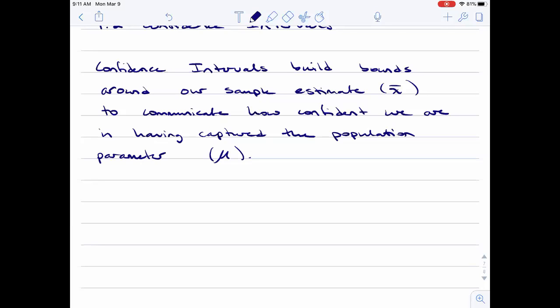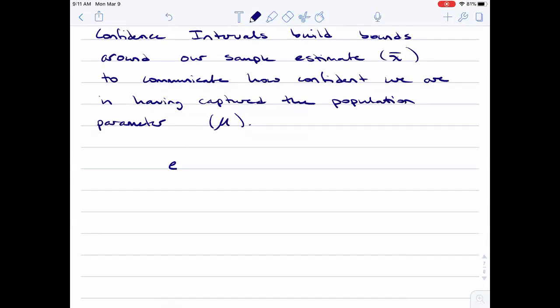So a confidence interval at the very basics is going to have this form. It's going to be the estimate plus minus the margin of error. If you think about measuring this board, your estimate is your best guess.